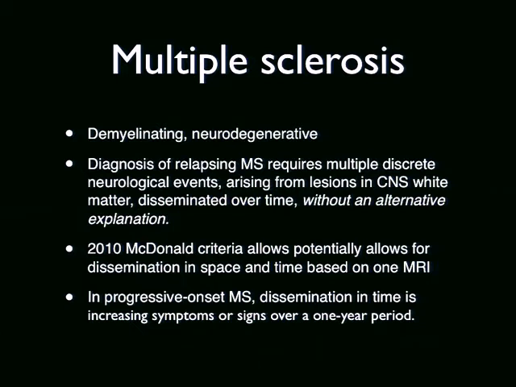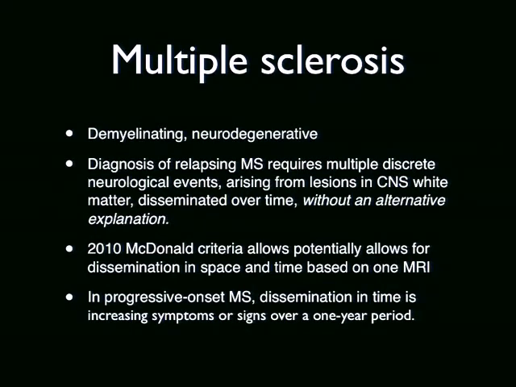This is in the majority of patients with MS. And these are a result of demyelinating lesions that arise in the central nervous system, in the brain, the optic nerves, as well as the spinal cord. And these are disseminated over time, and by definition without an alternative explanation.